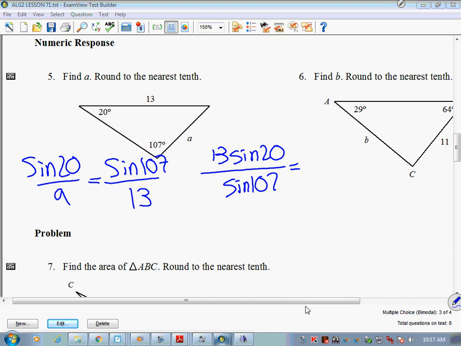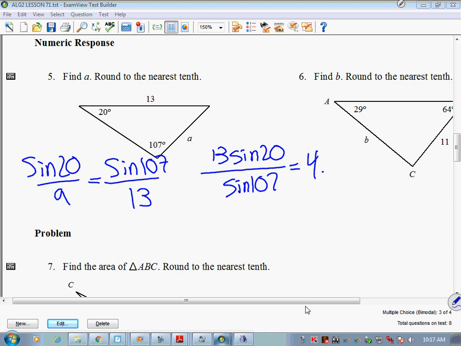Okay, let's see. Lolly, when you have an answer for this, will you tell me what you get? And go ahead and read it out a couple of decimals. Go ahead and take it to like 3 decimal places. 4 point what?